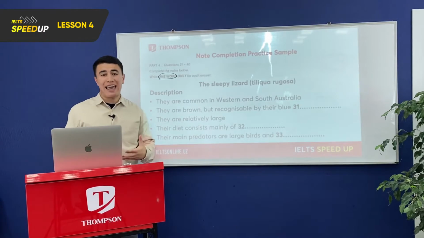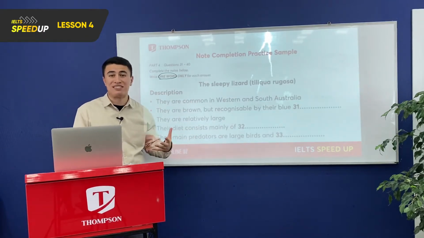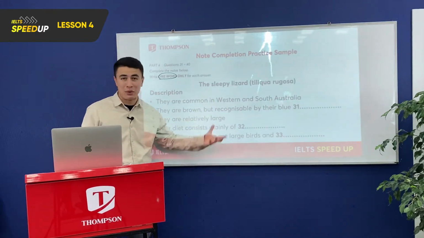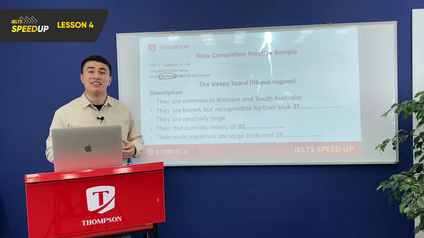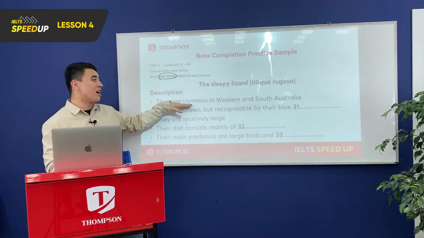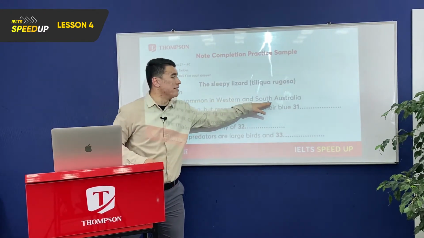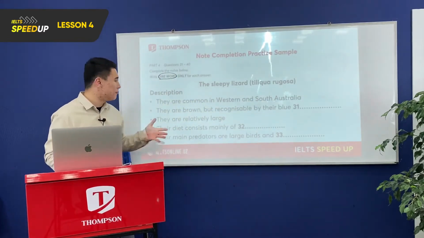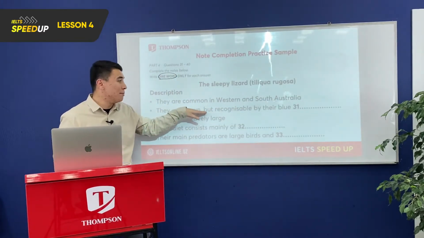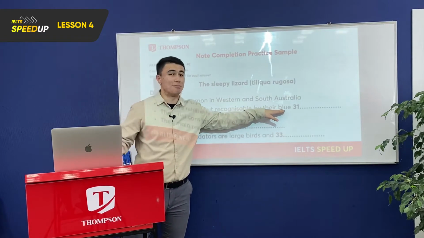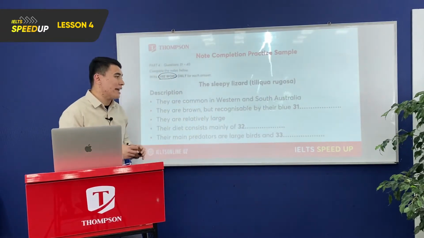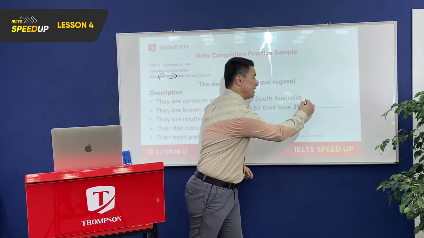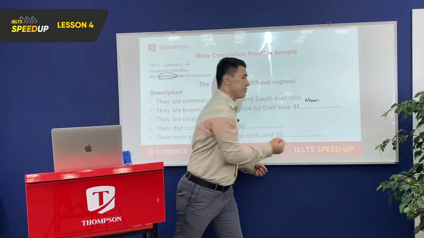Now we should analyze the information that is given to us in order to understand the context. They are common in Western and South Australia, fine. They are brown but recognizable by their blue. So, you should write a noun here.